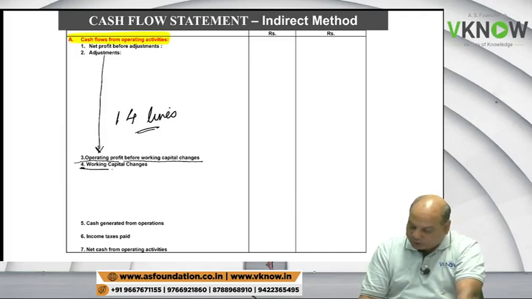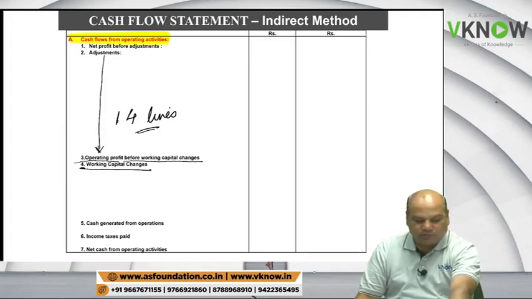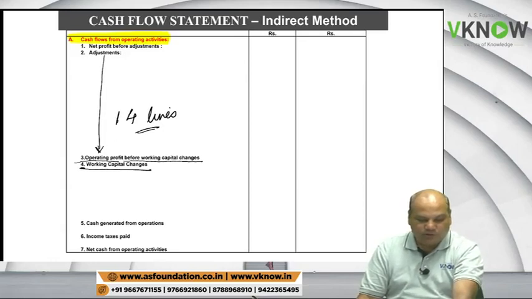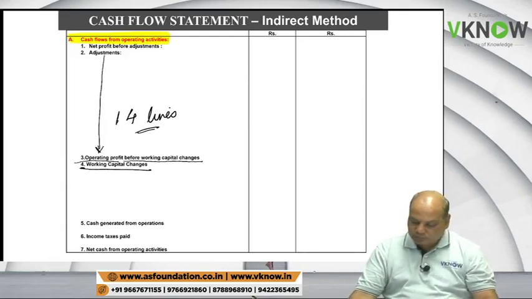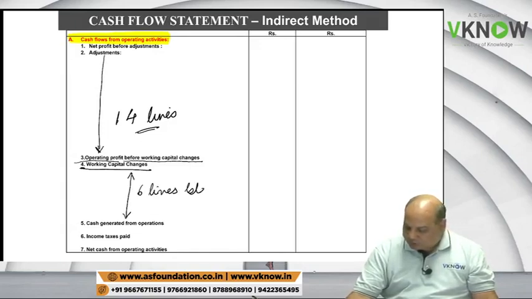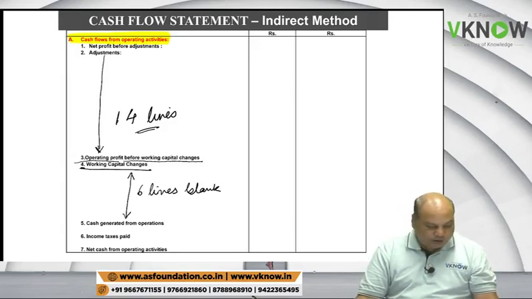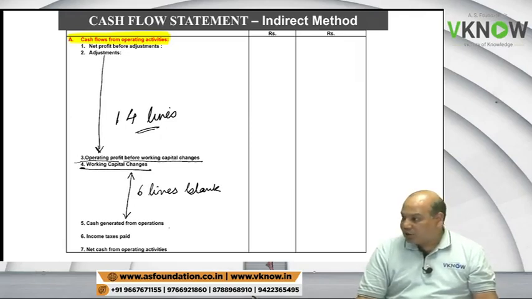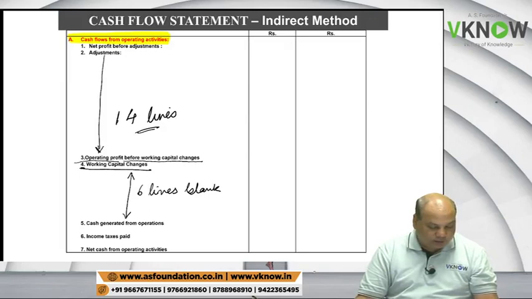Then point number four, write working capital changes. After that, keep around 6 lines blank. Then write down point 5, cash generated from operations. One line blank. Point number 6, income tax paid, one line blank.